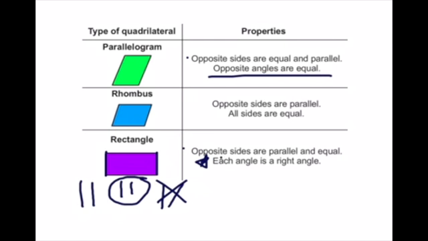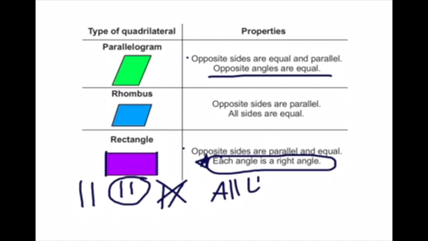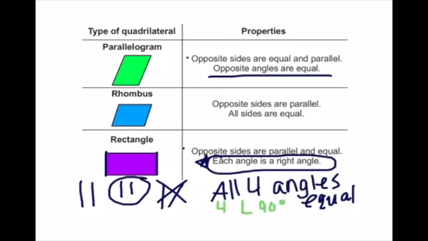With a rectangle, all four angles are equal, and they're all right angles to be specific. So a right angle is that L shape, which is 90 degrees, and there's four of them. So I have 1, 2, 3, 4. That's what makes that special, and it makes it different than the parallelogram.